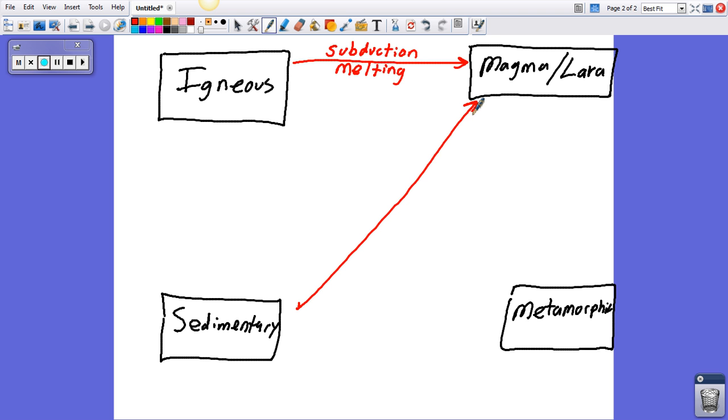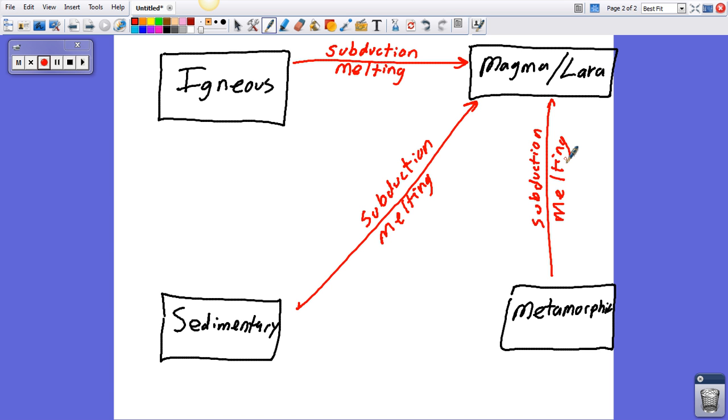Sedimentary rocks can also melt. And metamorphic rocks also can melt. And melting. Good. All right, next step.